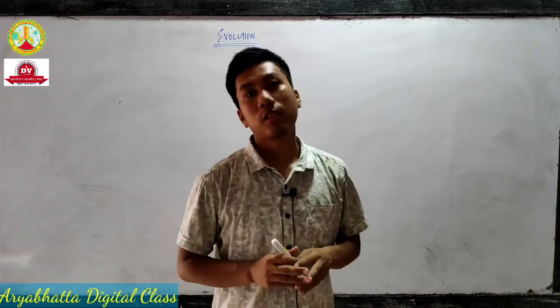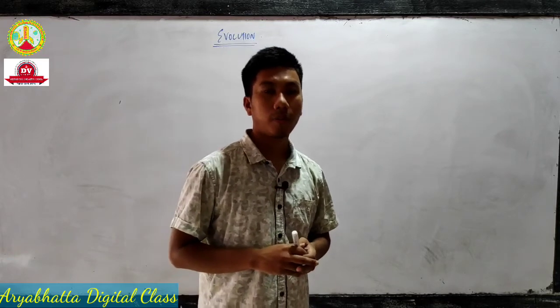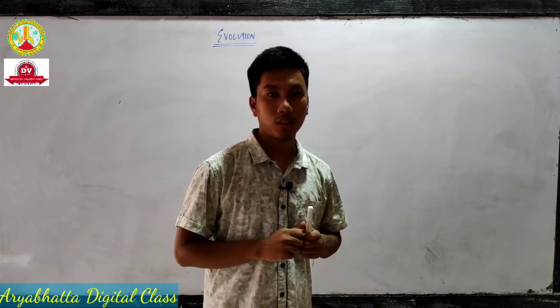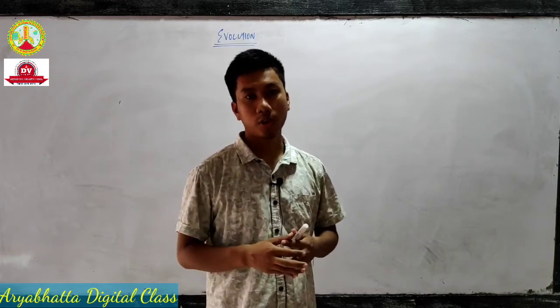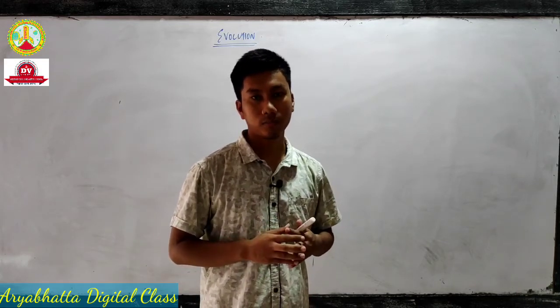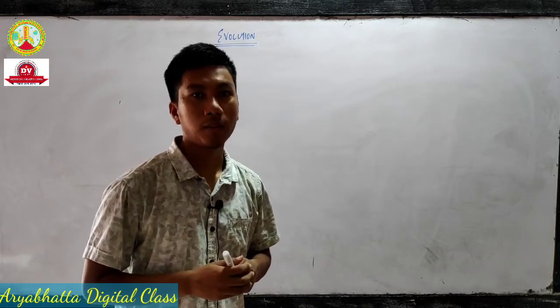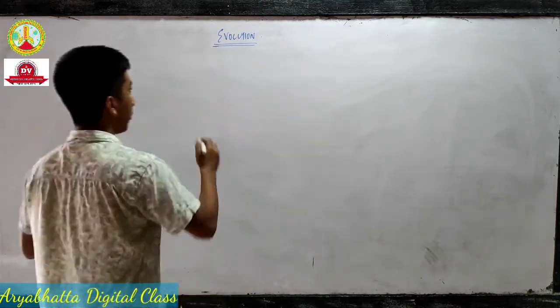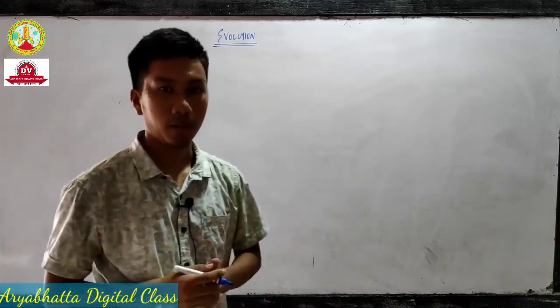Now we will see the experiment performed by two scientists to prove the chemogenetic theory or modern theory of evolution. This experiment was done by Urey and Miller. That is important. Questions always come from this experiment.